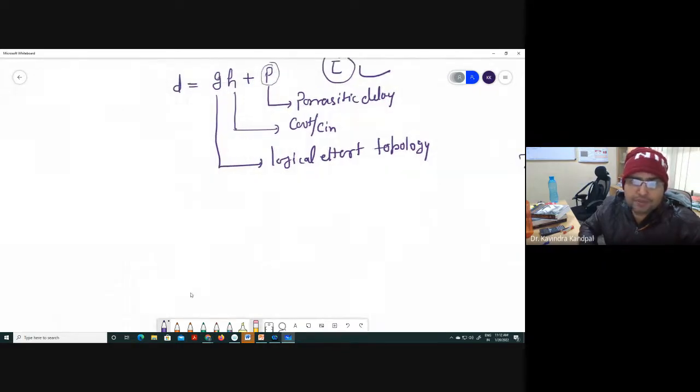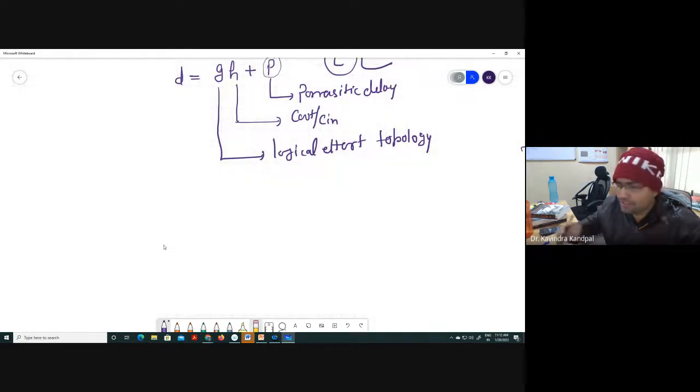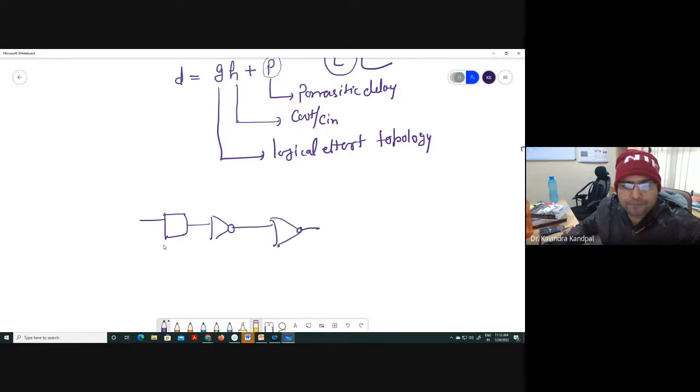Then we discussed that if there is a multi-stage network, which is mostly the case, let's say this is the network, and here you have a CL, and this is the C in. It's a multi-stage network.